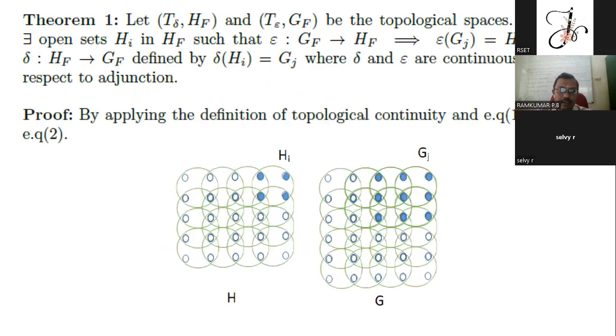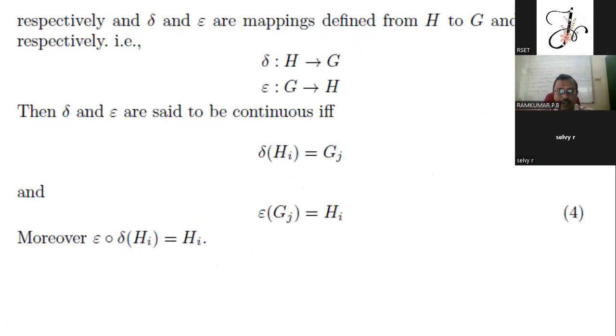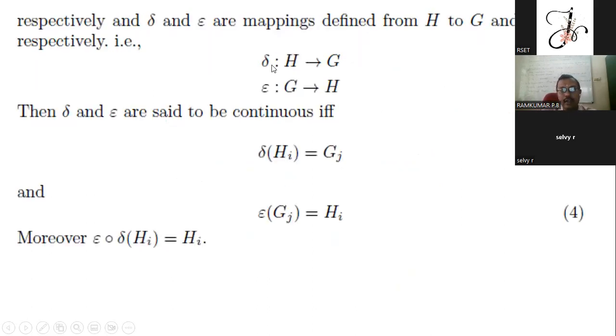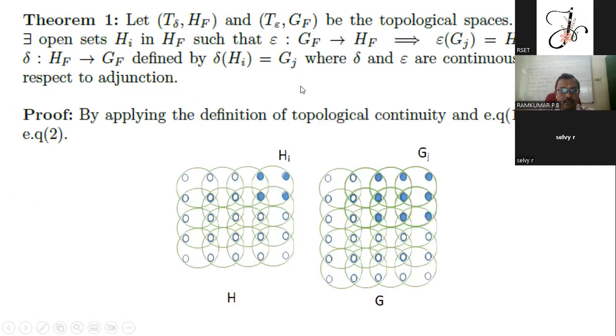Here we can visualize this case when we consider two sub-hypergraphs H_i and G_j. Take the delta of H_i, so you get sub-hypergraph G_j, and if you take the erosion epsilon of G_j, you get H_i. In that way we can define continuity, in analogy with a topological space.